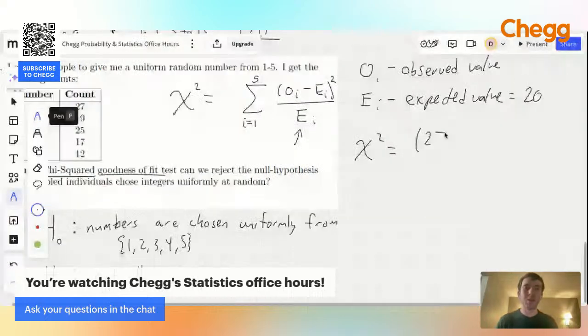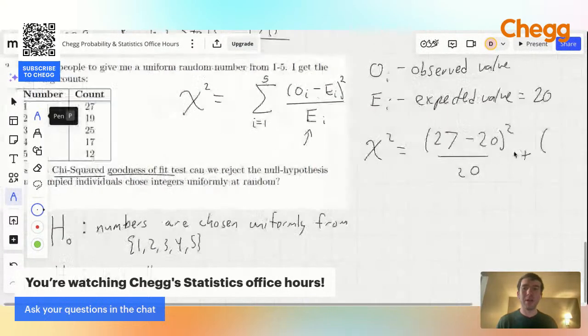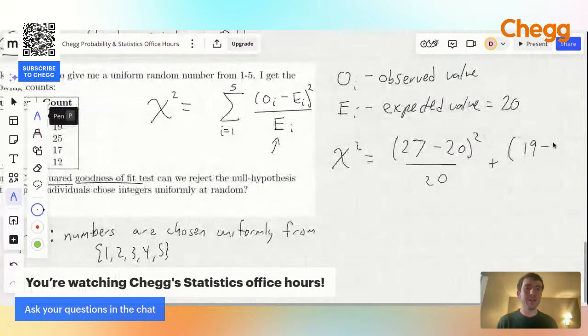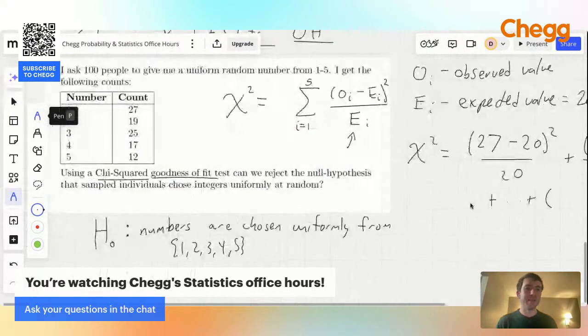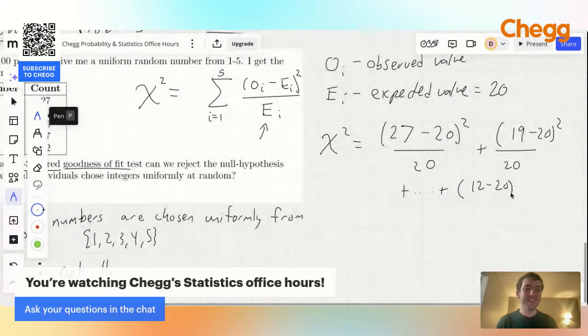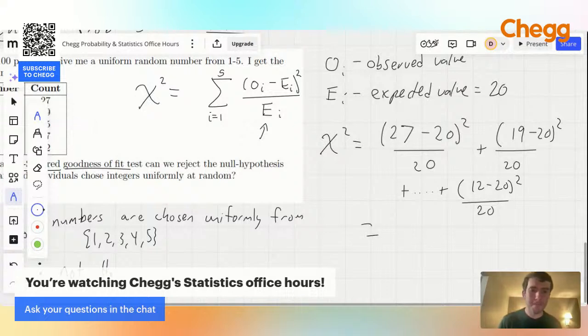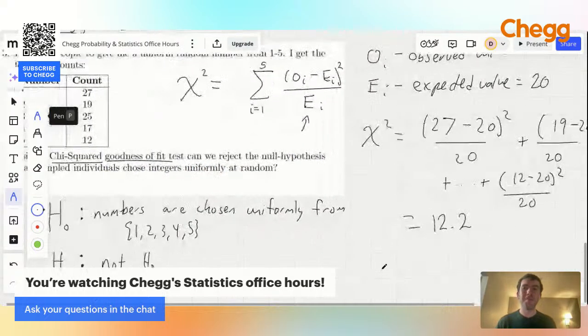So we follow this formula. So (27 minus 20) squared divided by 20 plus (19 minus 20) squared divided by 20 plus... We do all these. Maybe I won't write them all down. I hope you get what I mean, where we just calculate this. And what I got is 12.2 when I did this.